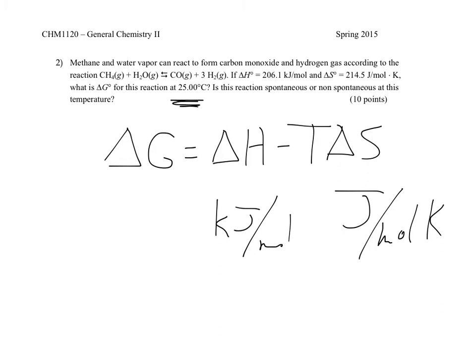It can't be Celsius. And also, after you do that, you're going to multiply by Kelvin. And so the units cancel, and you have kilojoules per mole minus joules per mole. And many people did not deal with this kilojoules. And so it all goes back to chapter 1 and changing units and the metric system.